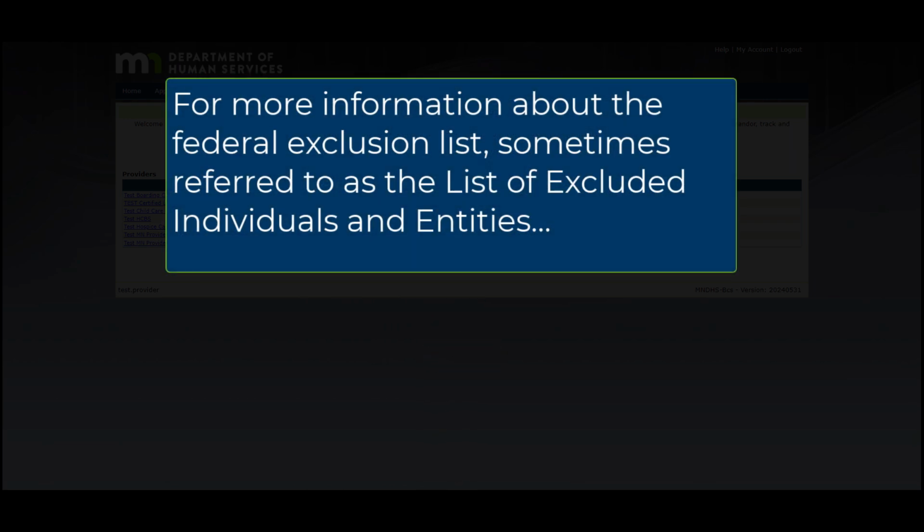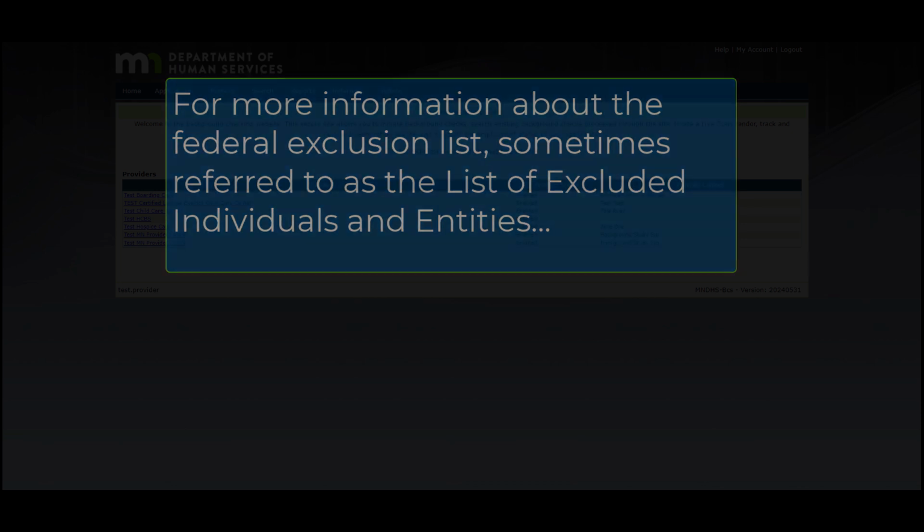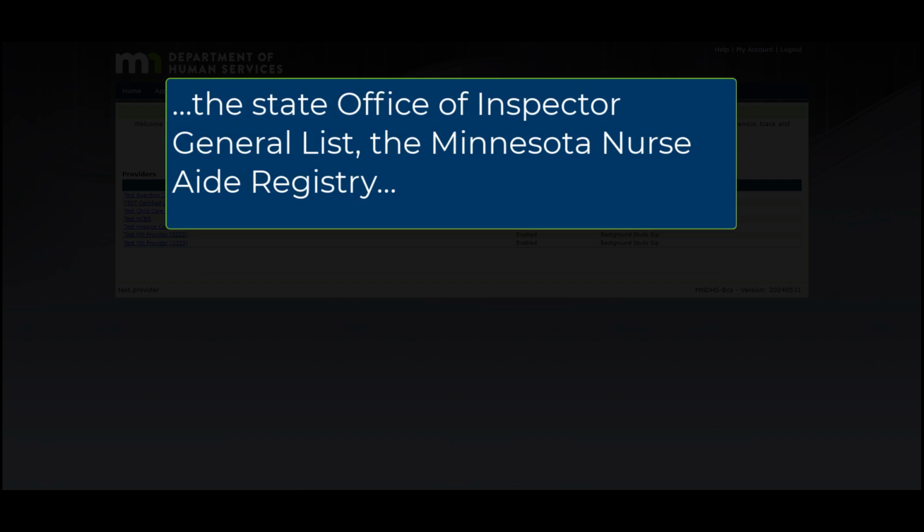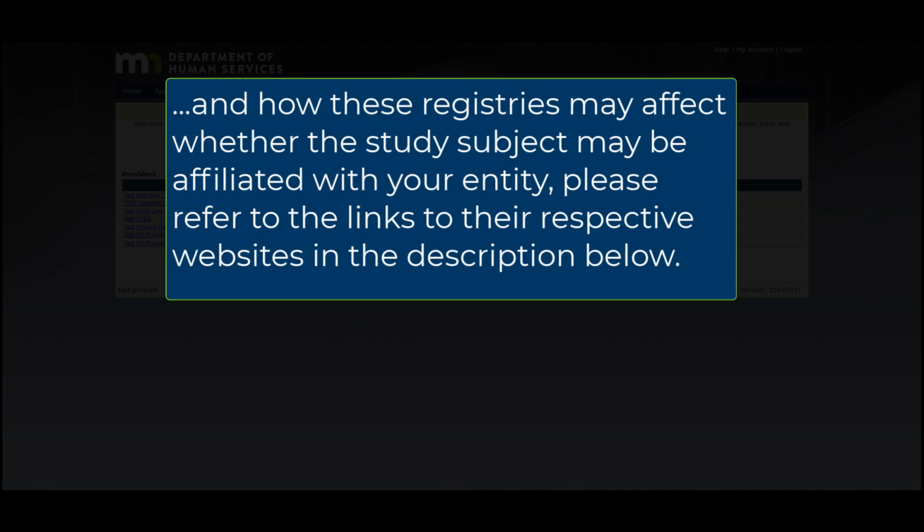For more information about the Federal Exclusion List, sometimes referred to as the List of Excluded Individuals and Entities, the State Office of Inspector General List, the Minnesota Nurse Aid Registry, and how these registries may affect whether the study subject may be affiliated with your entity, please refer to the links to their respective websites in the description below.